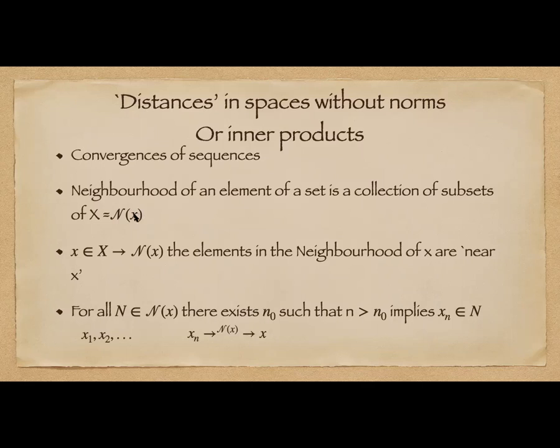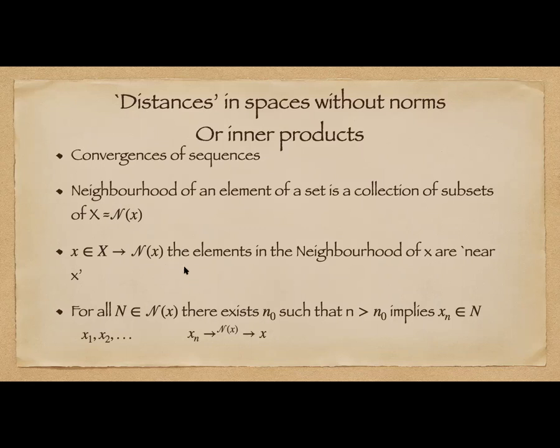So given x, an element in a set capital X, we have a collection of subsets of X, which we label N_x. And this collection of subsets would be a neighborhood of x because they are, in quote and unquote, the neighborhood of x, or they are near x.